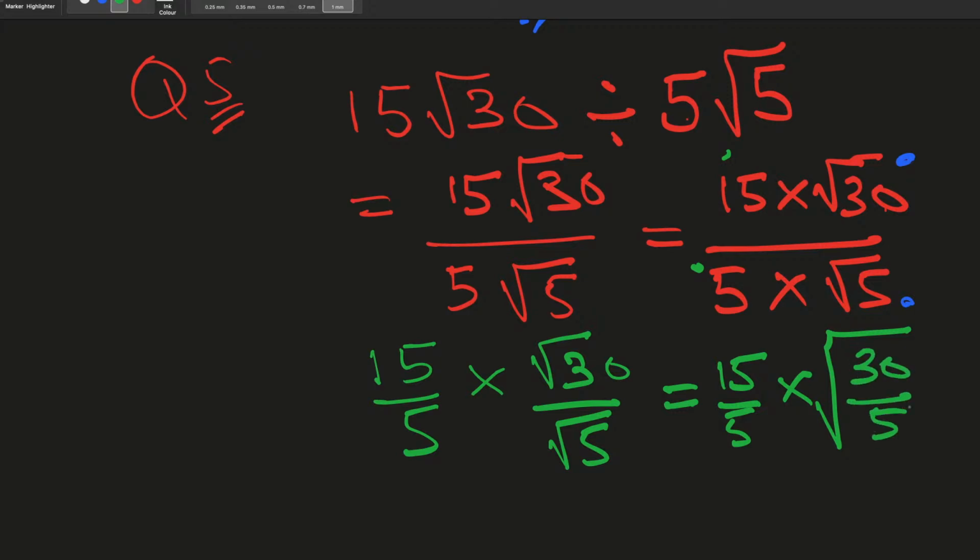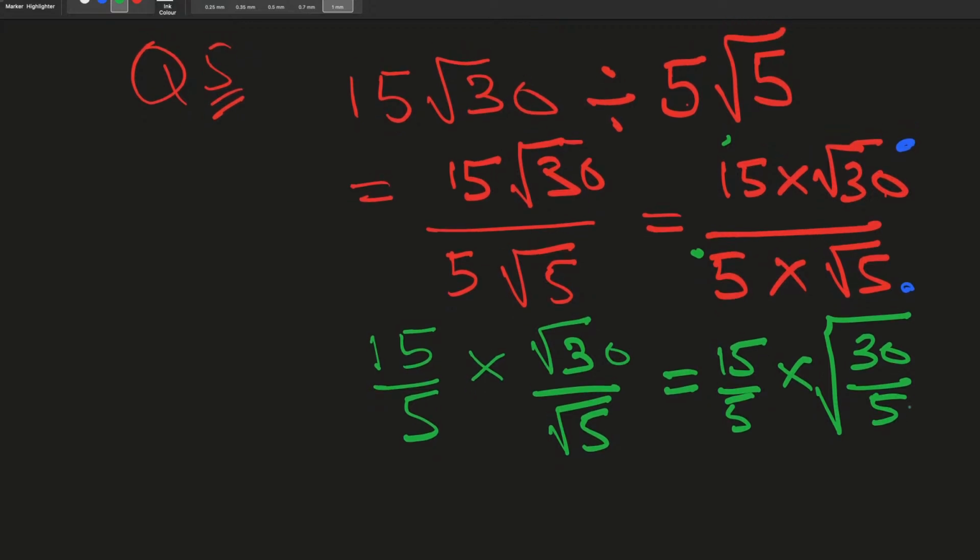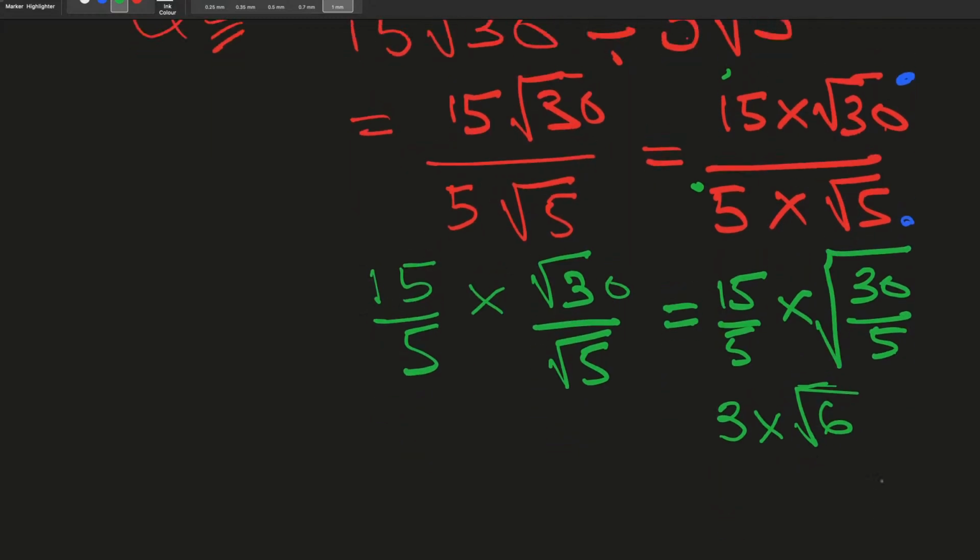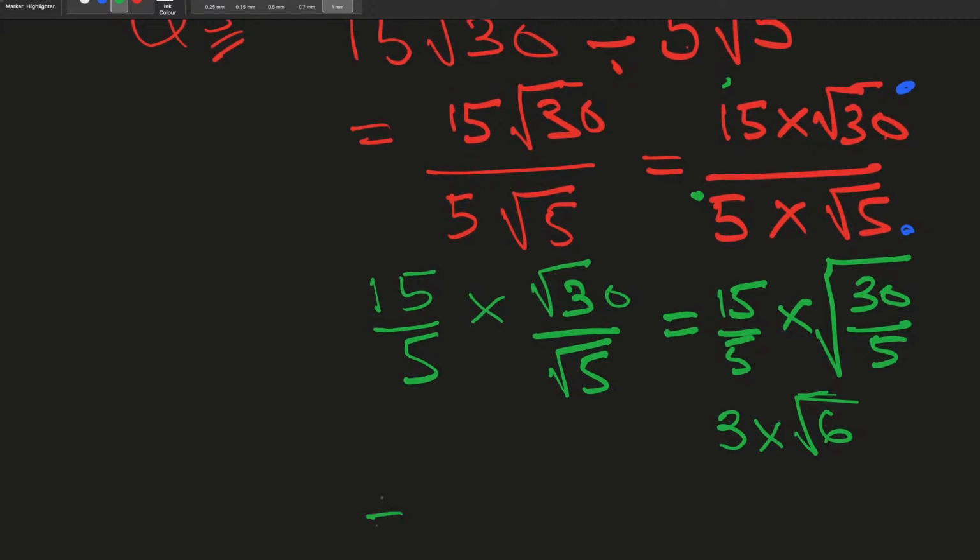If we apply the principles of surds, we know 5 goes into 15 3 times, and 5 goes into 30 6 times. So that will be root 6, and therefore our answer will be 3 root 6.